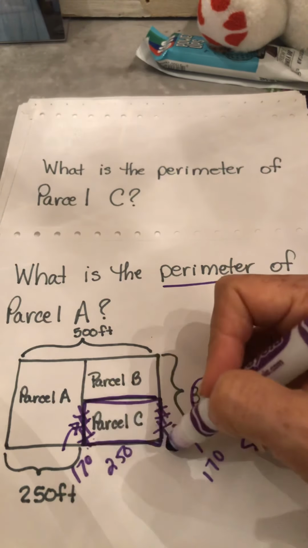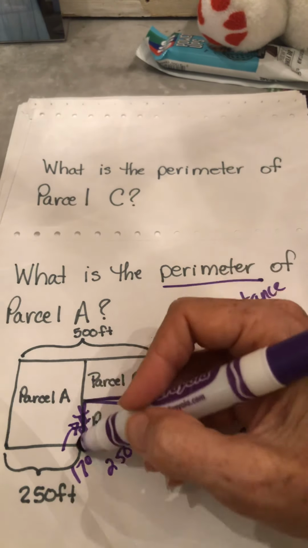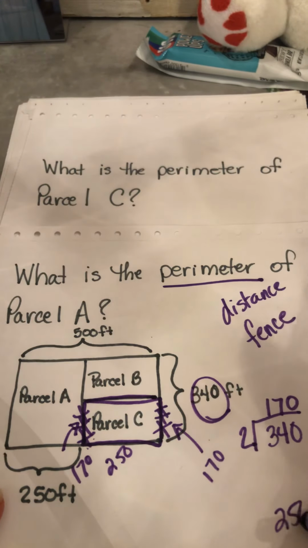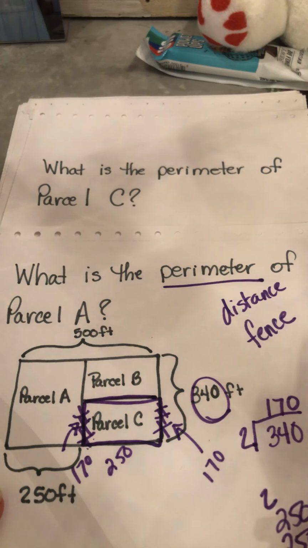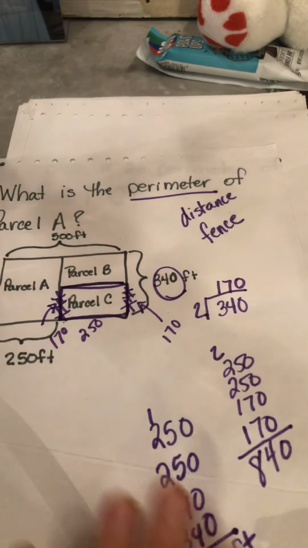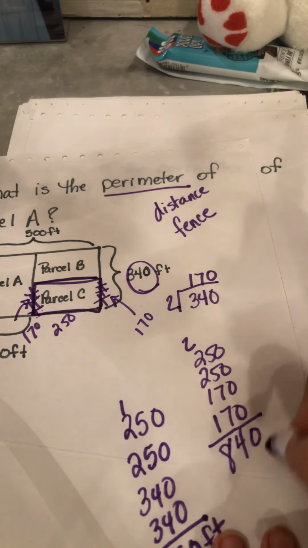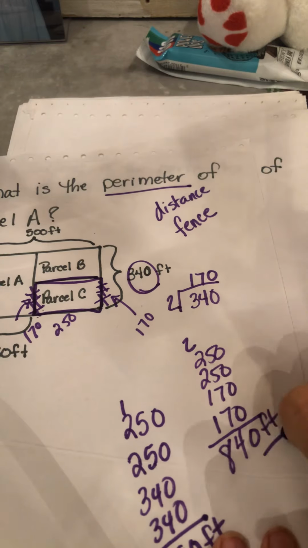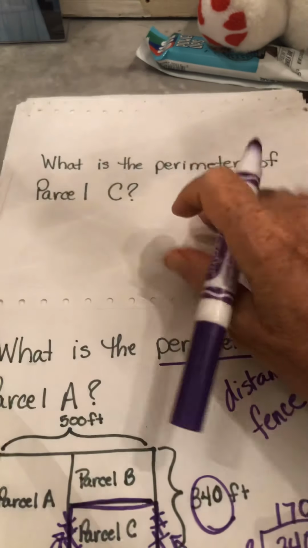So now I've got 250, 170, 250, 170. Take those, add them up. I get 0, 10, and 14 makes 24. I get 2, 4, 6, 7, 8, and there we go. So it's 800, oops, I'm sorry, I didn't realize that wasn't on the screen. 840 feet.